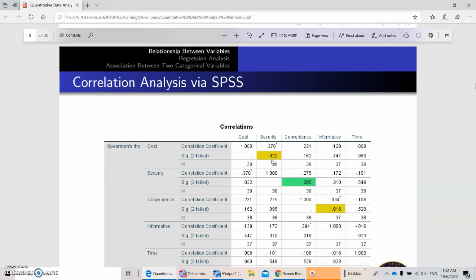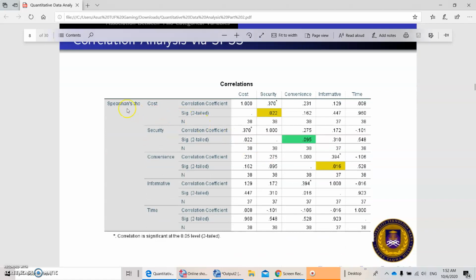But if I use Spearman rho, there are two pairs of variables that are highly significant, cost and security, and convenience and informative, and they are significant at 0.05.